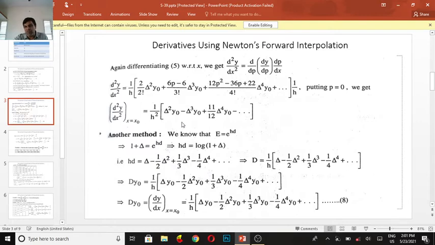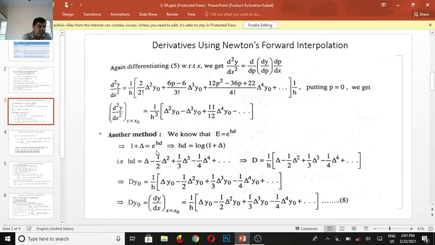Now in the same way we can find it in another way by using the shifting operator E. We know the formula E equals e^(hD). Using the forward difference, E is 1 plus Δ, which is equal to e^(hD). Now take log on both sides. Log of (1 plus Δ) is equal to hD.